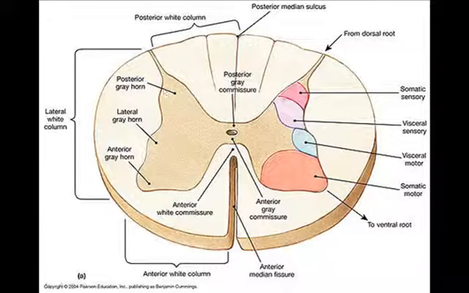The posterior horn thus will have sensory roots from somatic sensory and from visceral sensory. The lateral horn, typically the medial structures here of the lateral horn, are usually going to involve visceral fibers of both sensory and motor, and then the anterior gray horn, usually somatic motor of the ventral root.